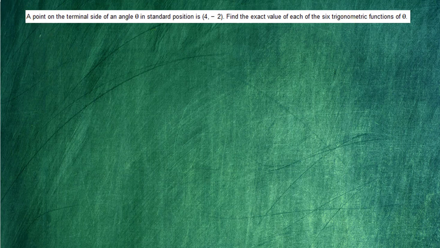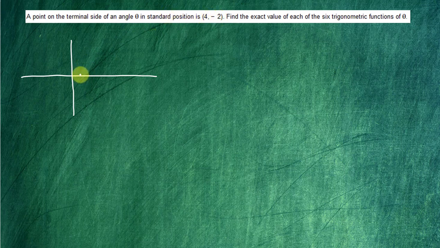So the first step is you need to draw the diagram in a standard way when solving any trigonometric functions for this type of question. We know that the point has the location (4, -2).